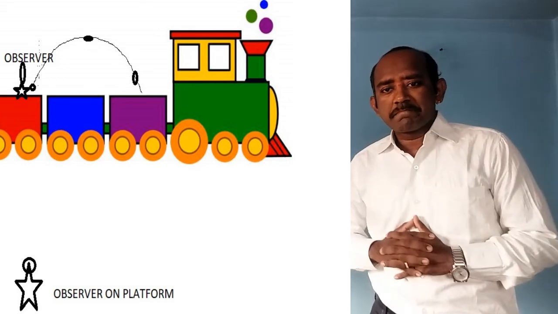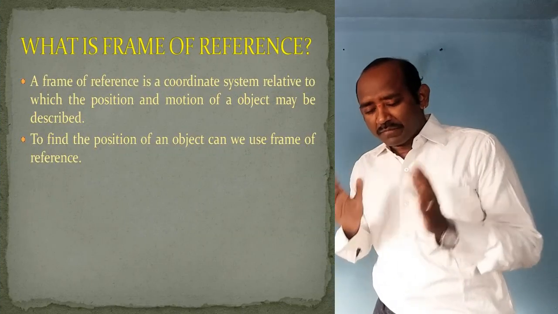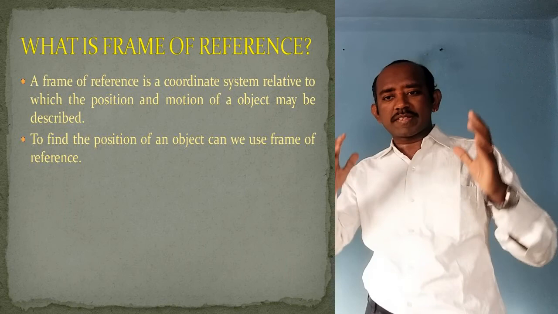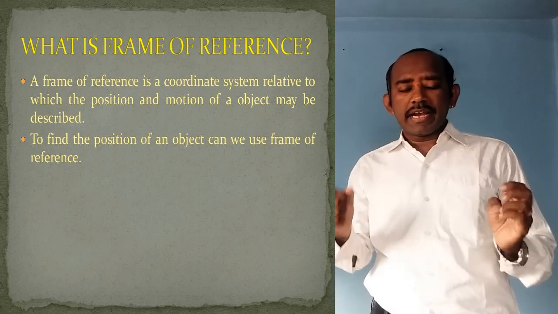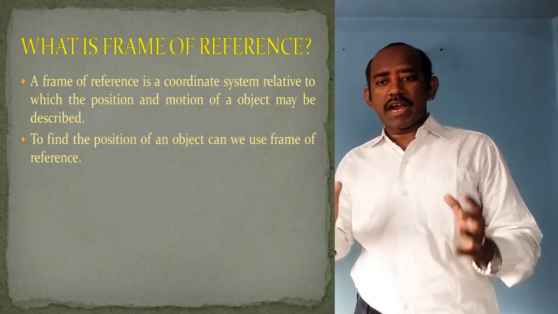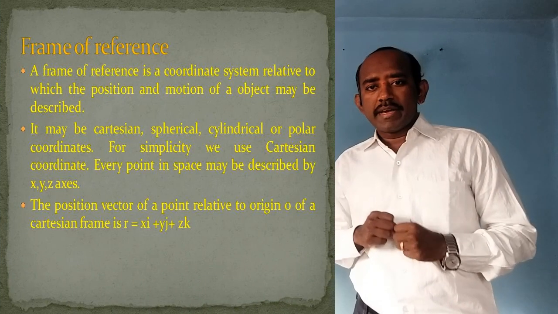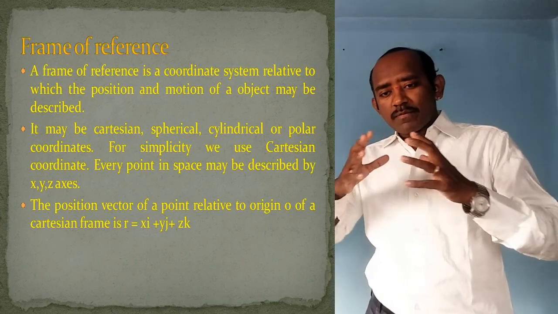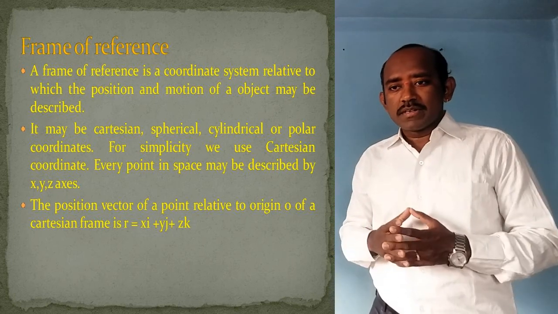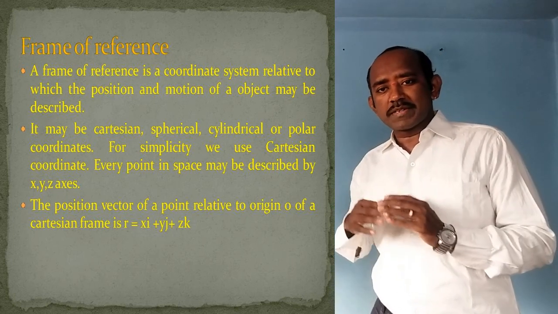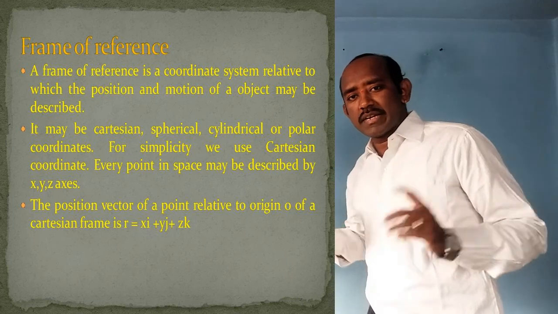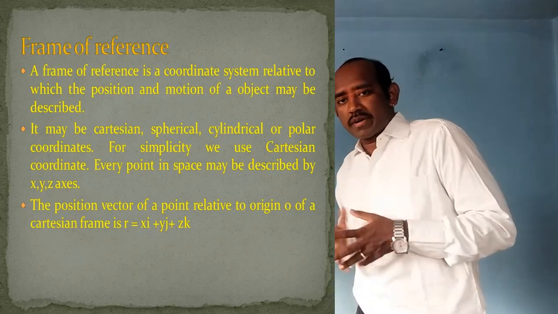Now we define what a frame of reference is. The frame of reference is a coordinate system relative to which the position and motion of an object may be described. There are a number of coordinate systems: the Cartesian coordinate system, spherical coordinate system, cylindrical coordinate system or polar coordinate system.